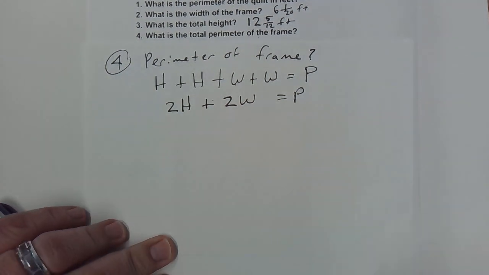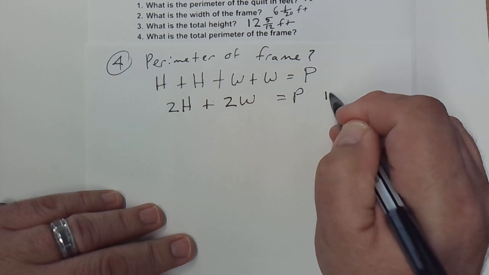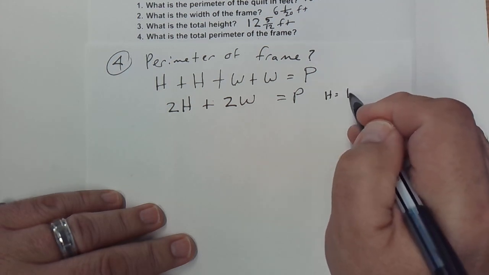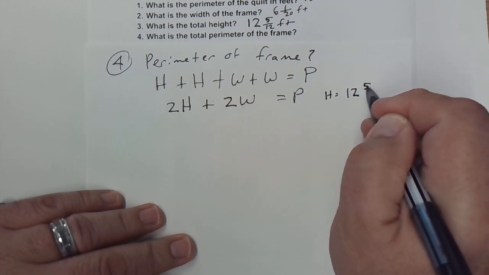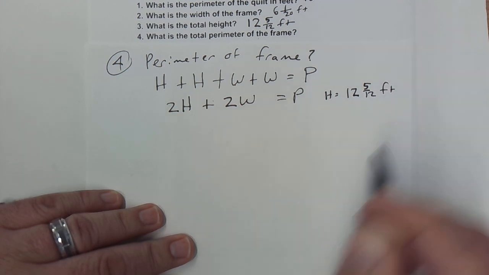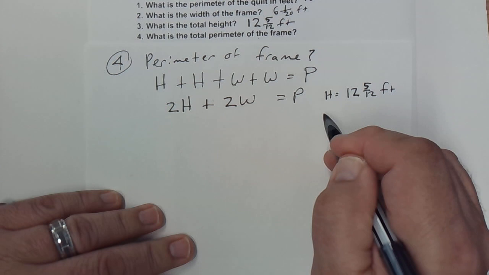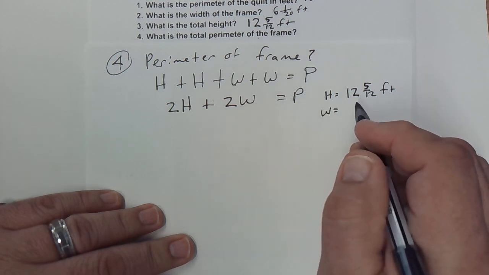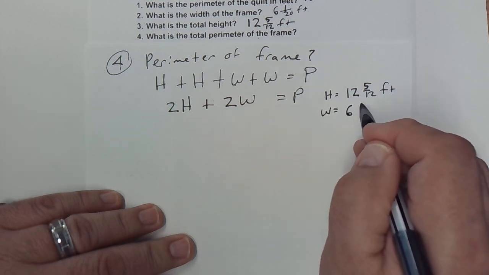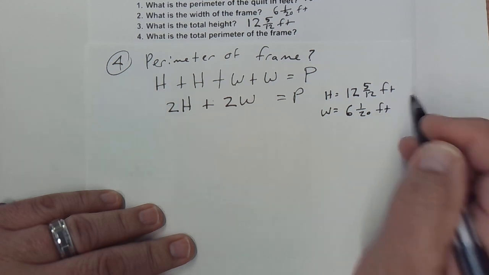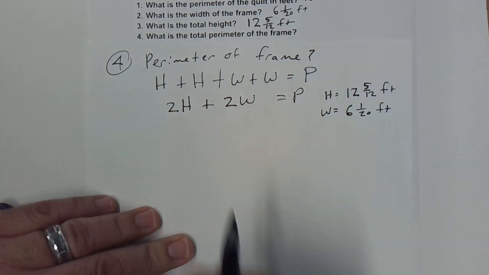So far, so good. And we know that the height is equal to 12 and 5/12 feet, and that the width is equal to 6 and 1/20 feet. So we can write that in.